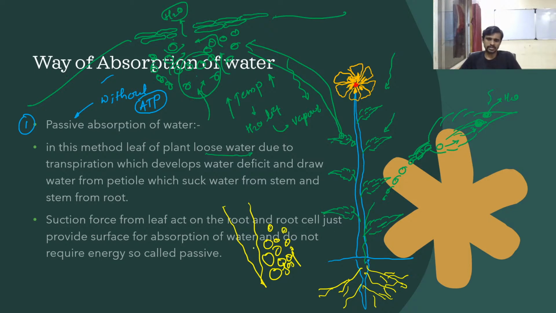So this suction pressure allows the root to absorb water from the soil, or from between the particles of soil. Okay, so this pressure, or this suction pressure, is actually generated at the top of a plant, but with respect to time, step by step, it is moving toward the bottom of a plant.